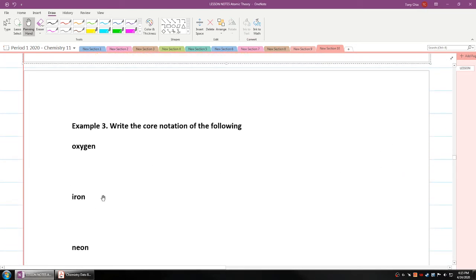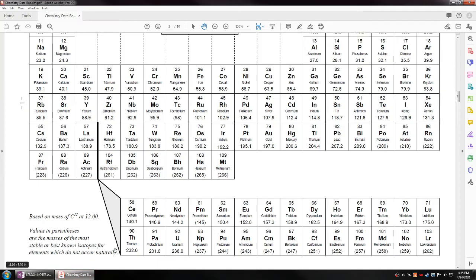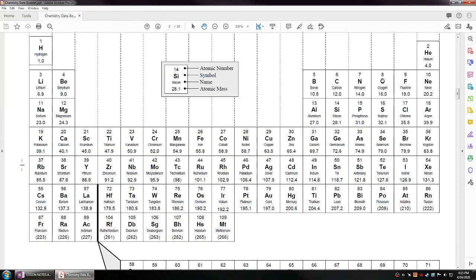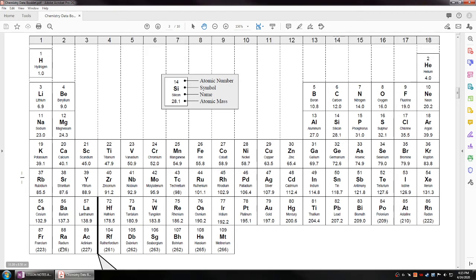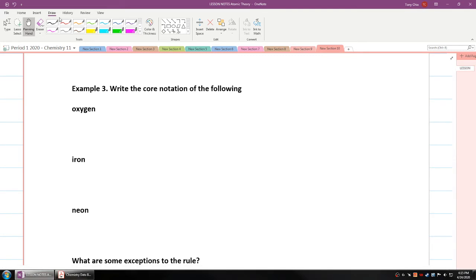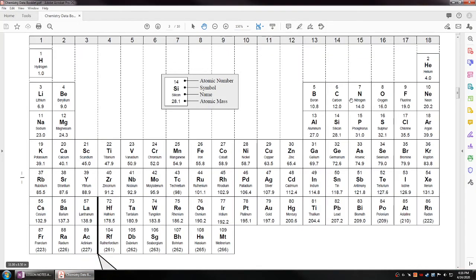Well, let's go with oxygen. Oxygen is located right here. So to write the core notation of oxygen, we look at the previous row's noble gas, which is right here, and that's your full core. So helium is right here. What you want to do is put helium in square brackets to say that it is our fully filled core. Then we write what is in the valence electrons. This section is still in the valence.